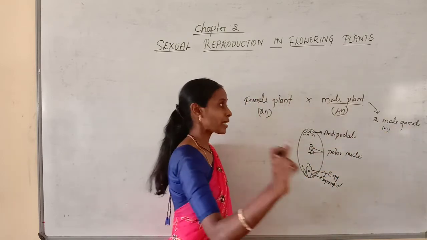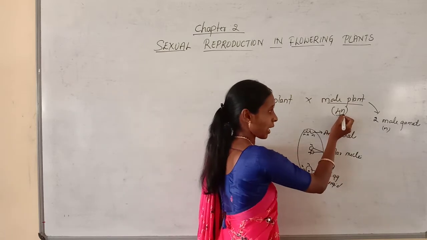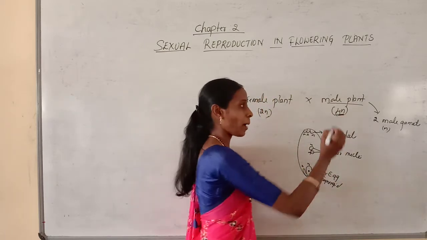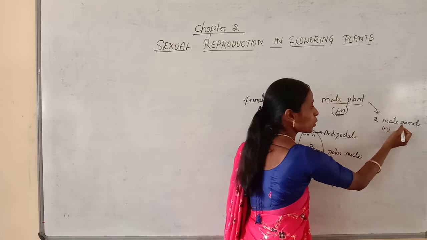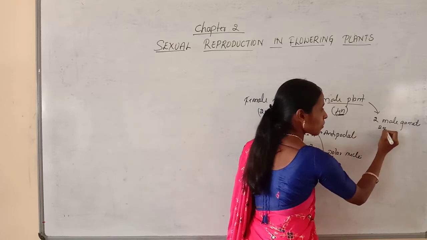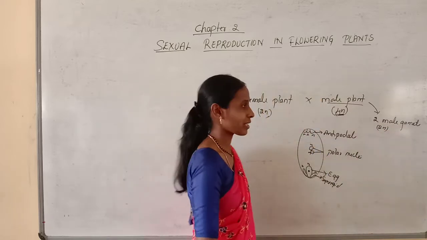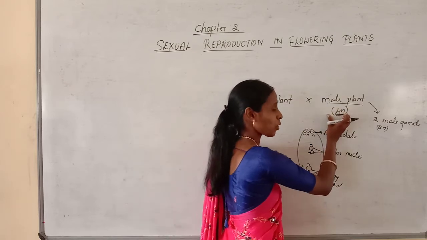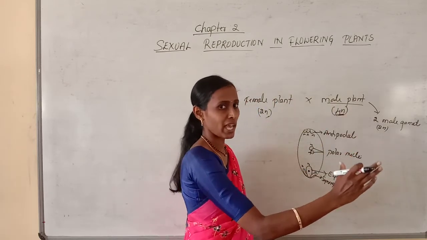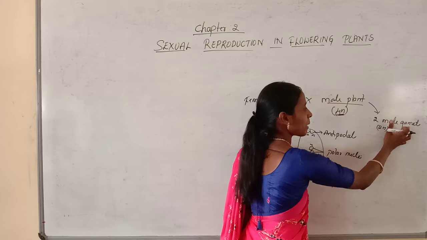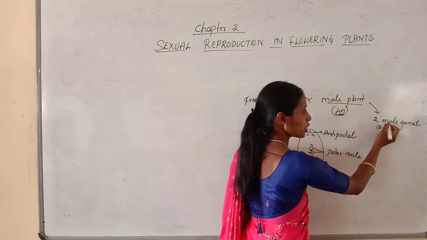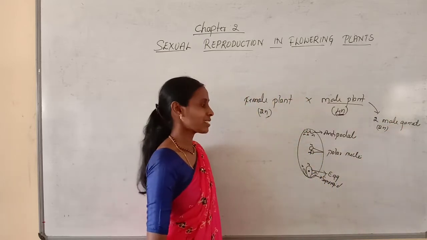But here, as it is a tetraploid, after meiotic division the 2 male gametes become diploid in nature. Try to understand, both the 2 male gametes are 2n, that is diploid in nature.